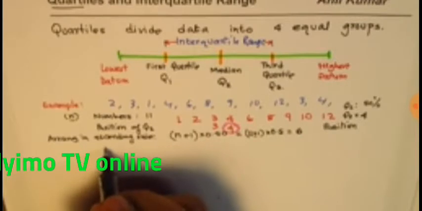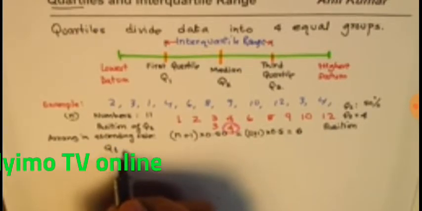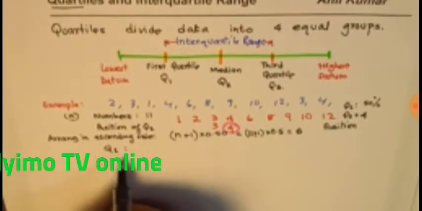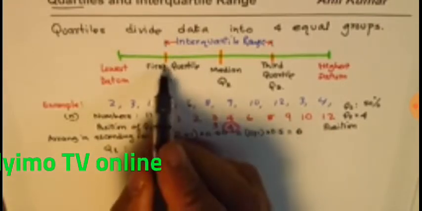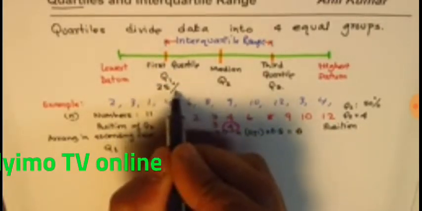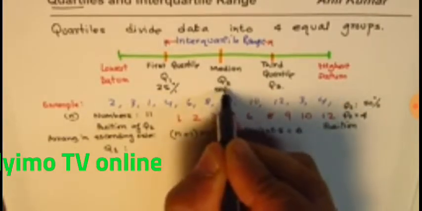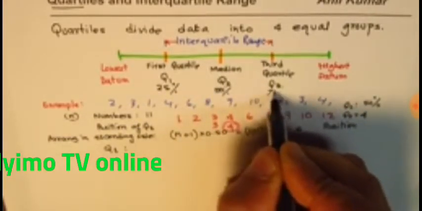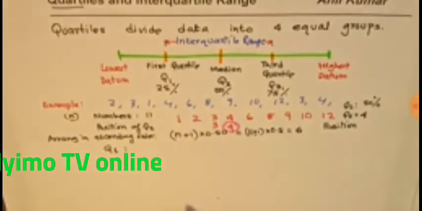Now, how do we find the first quartile? To find the first quartile, it is always the 25% mark. So this is at 25%, this is at 50%, and this one is at 75%.